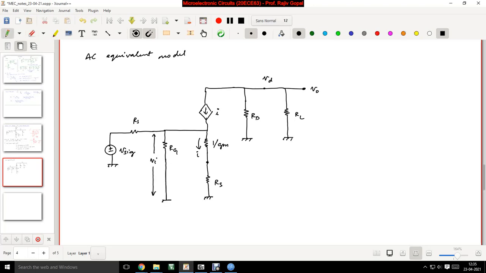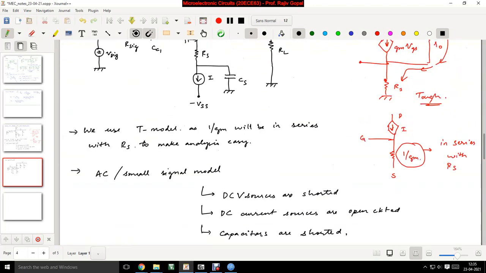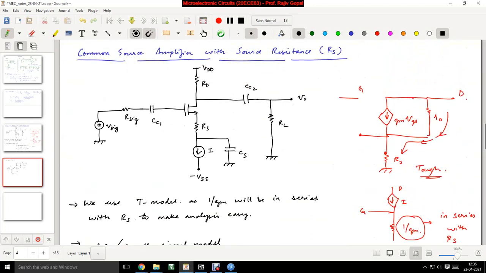Okay, this is actually VI, and the voltage across 1 by GM will be VGS. Remember, VGS is applied across this. This is VGS. It is not like this. This is not VGS all the way to ground.